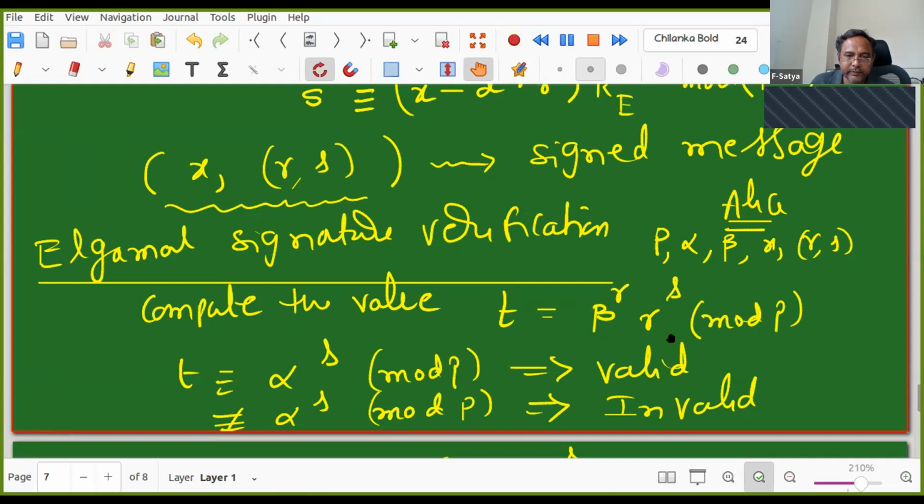We do all these things. Now it is verified when T equals alpha power S. Alpha is known, S is known. If T equals alpha power S, then it is valid, otherwise not valid. But why is this the case? This is what I asked her. You remember? Okay. Any questions till now?